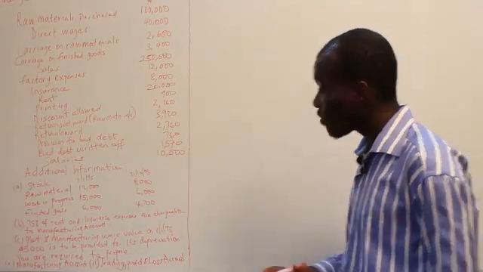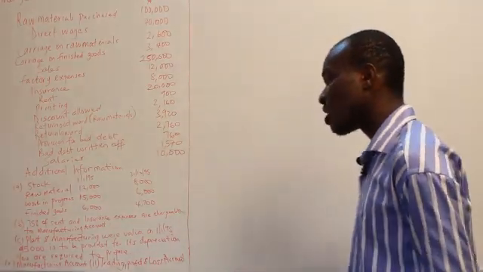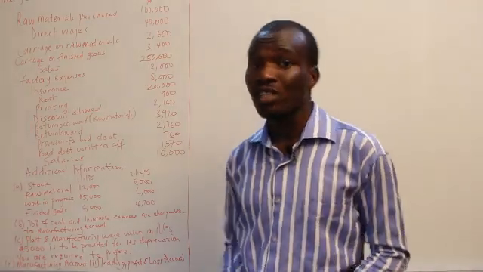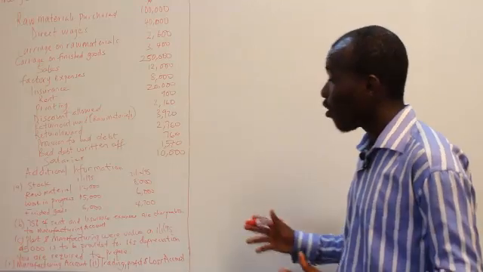Again, we have some additional information. We are told that 75% of rent and insurance expenses are to be chargeable to the manufacturing account, so that will be taken to the factory overhead.